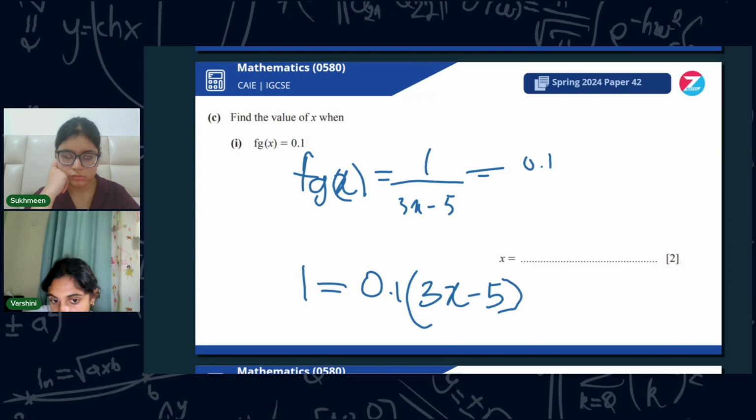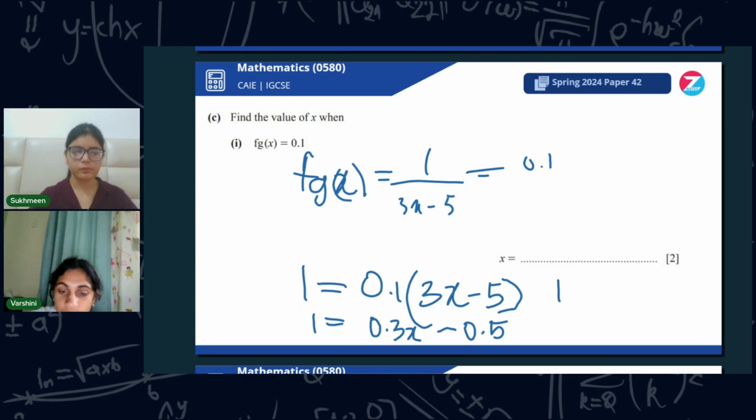So now let's expand the brackets. 1 equals 0.1 into 3x, which is going to give us 0.3x, minus 0.1 into 5, or plus 0.1 into minus 5, which is minus 0.5. So now to make x the subject of the formula, let's remember we need to add 0.5 to both sides.